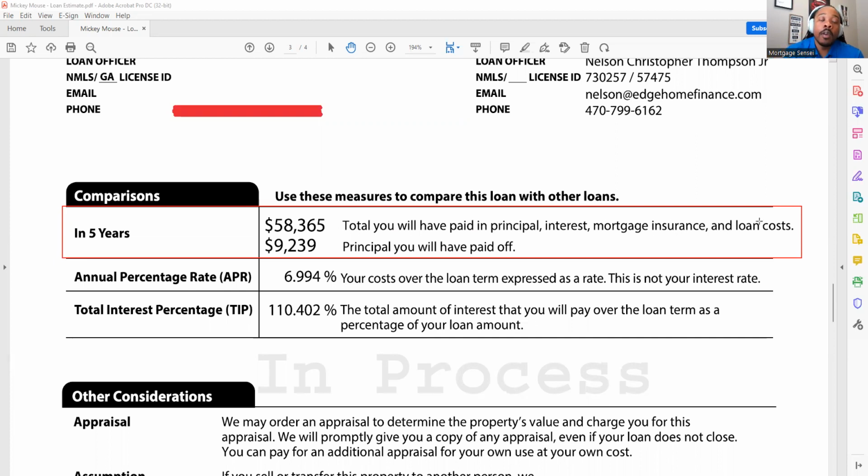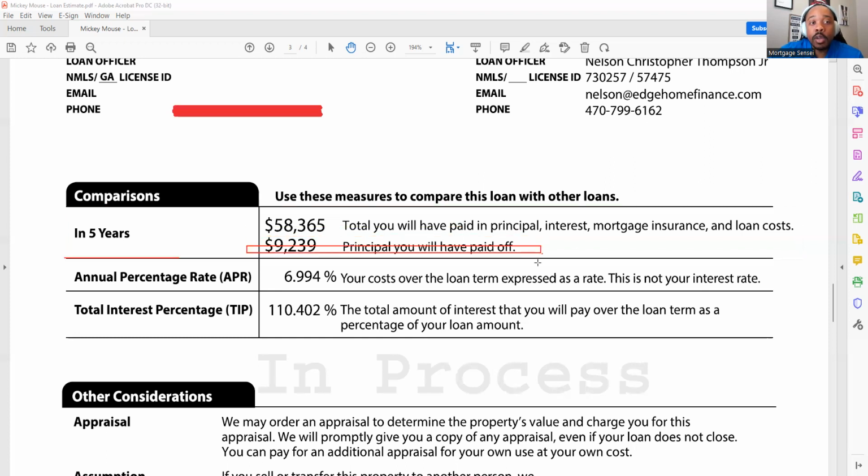So what it's saying here is that it's taking the payments you're making for the first 5 years of the mortgage, and it's estimating that your principal portion, your interest portion, the mortgage insurance portion of your monthly payment, and the loan costs that you paid at closing, all four of these numbers add up to that number that you pay in the first 5 years. Then, this is the amount of principal that you paid off. So in the $58,365, $9,238 is principal. That's what it means exactly.